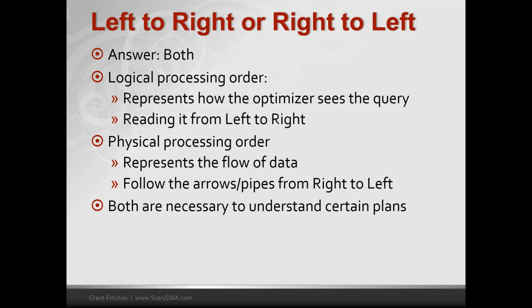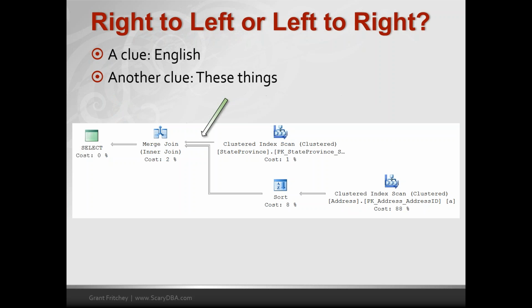Now, interesting enough, those little arrows, those pipes, and I call them pipes, they're data pipes, moving data through the plan, those are moving the other direction. That is the physical processing order. So physically, there is a clustered index scan against the state province table, and that is pulling information off of disk.